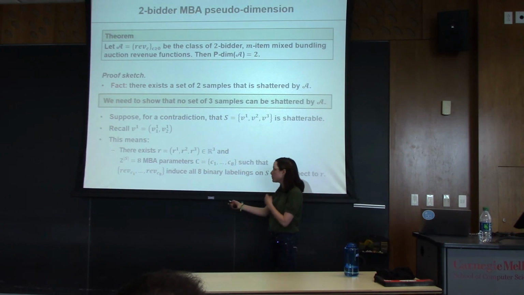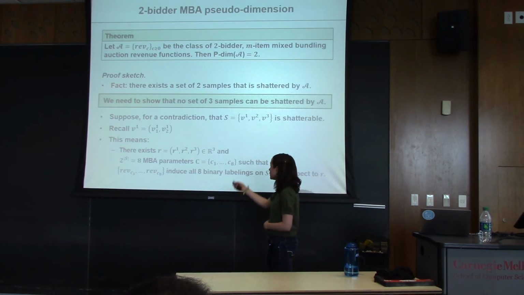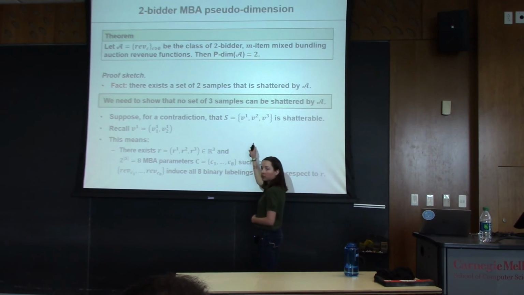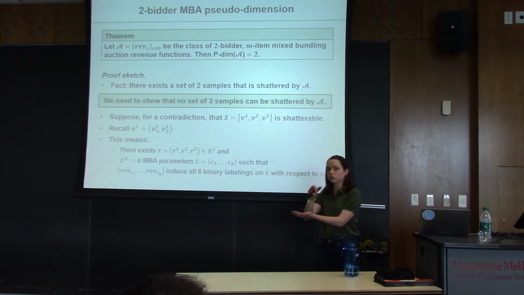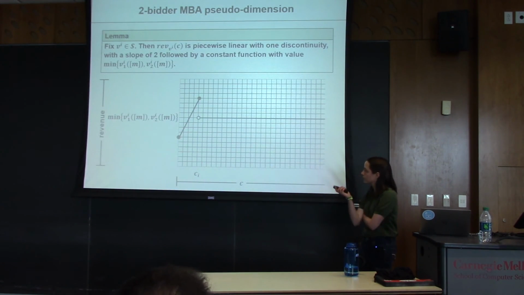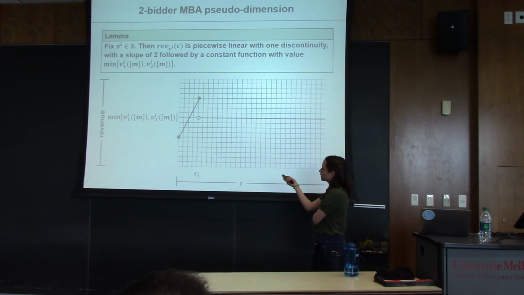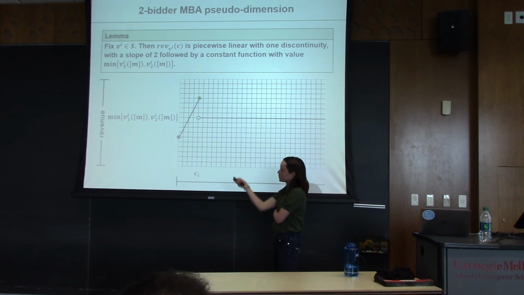For example, maybe the mixed bundling auction parameterized by C1 achieves revenue less than R1 on valuation vector V1, less than R2 on valuation vector V2, and less than R3 on valuation vector V3. So the binary labeling is 0, 0, 0. We can do this for all 8 binary labelings, if indeed S is shatterable. Now just believe me that the revenue function is going to look like this: there is a section with a slope of 2, and then it plateaus off forever at some C sub I.